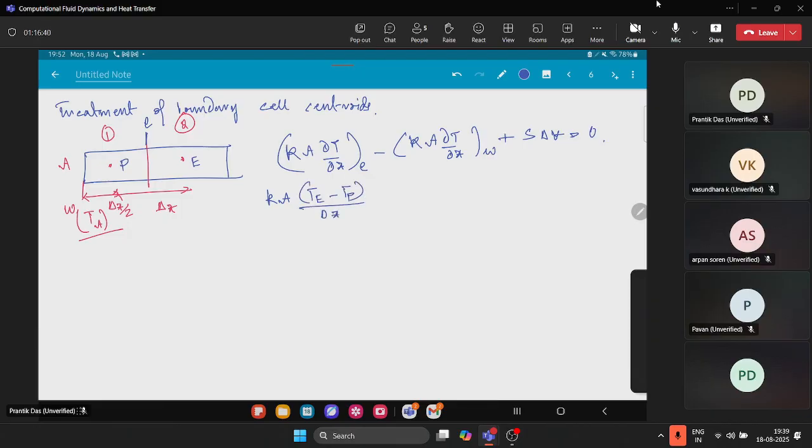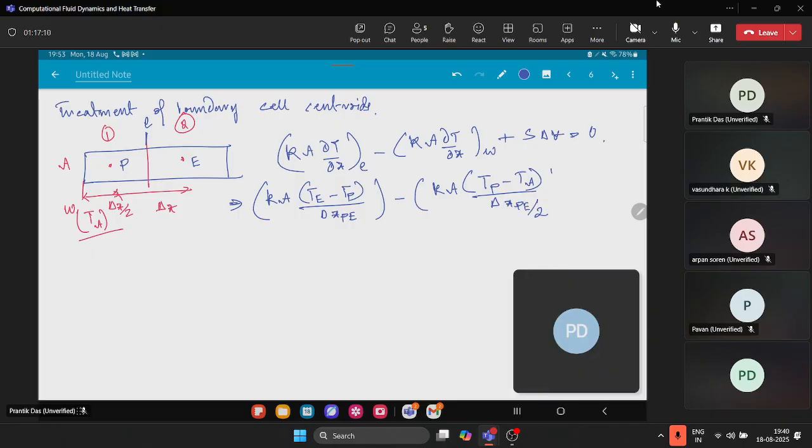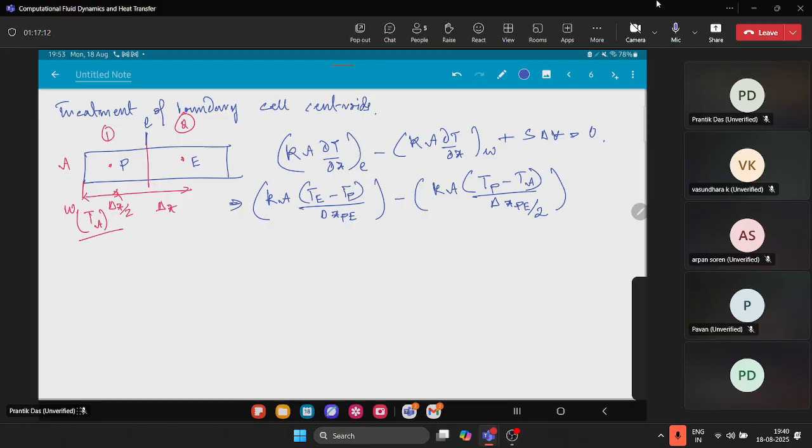And the other one is Ka times Tp minus Ta divided by delta x Pa, which is equal to delta x Pe divided by 2, plus S delta V.